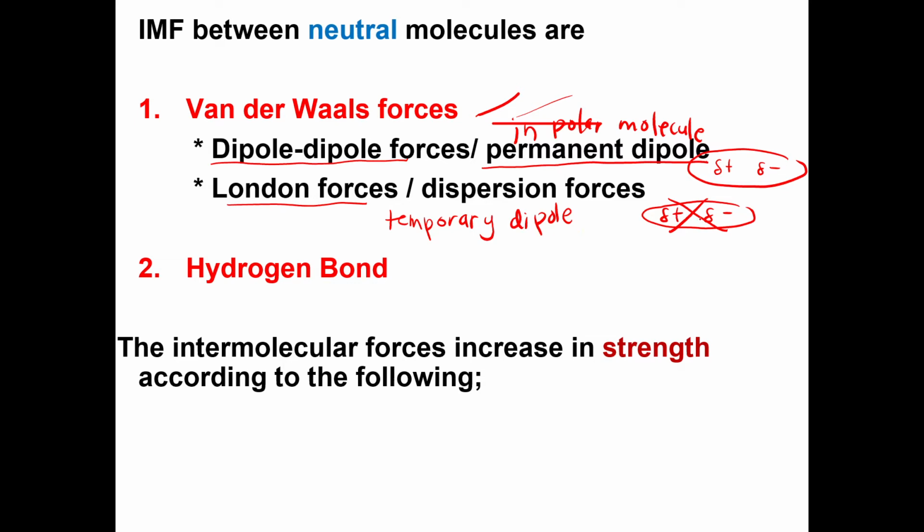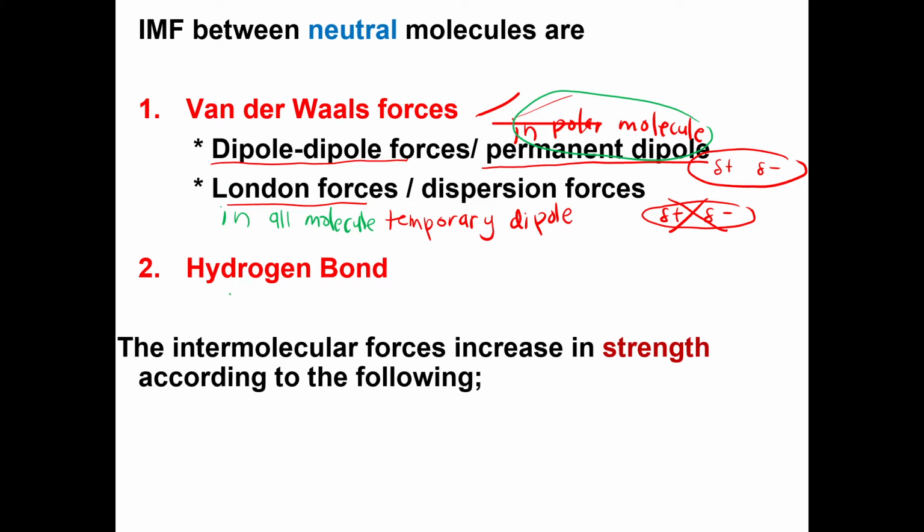So that's why we call as temporary dipole. Dipole-dipole force exists in all polar molecule. London force or temporary dipole exists in all molecule, meaning polar ataupun non-polar ada juga London force.